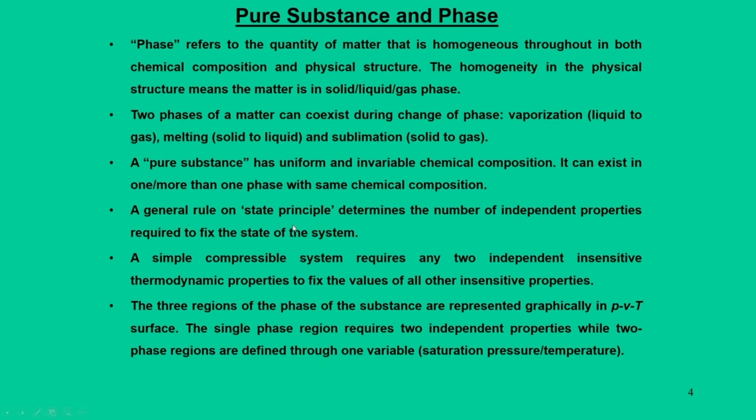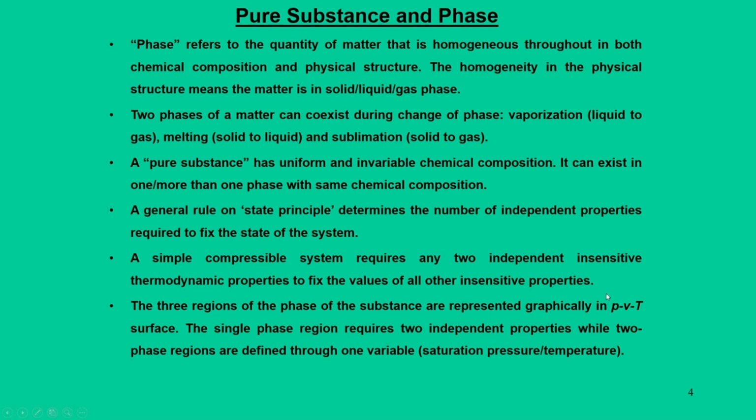A general rule, the state principle, determines the number of independent properties required to fix the state of the system. Now, for a simple compressible system, we require two independent intensive thermodynamic properties to fix the values of all other intensive properties.